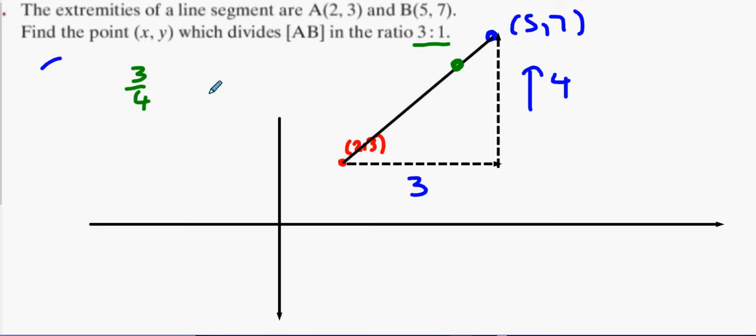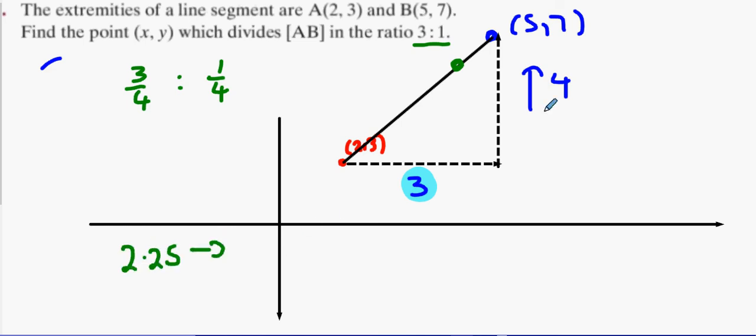3/4 and 1/4. Okay, so I'm going to ask you guys now, what is 3/4 of 3? 3/4 of 3. What do you reckon? 2.25? Means you move 2.25 to the right.